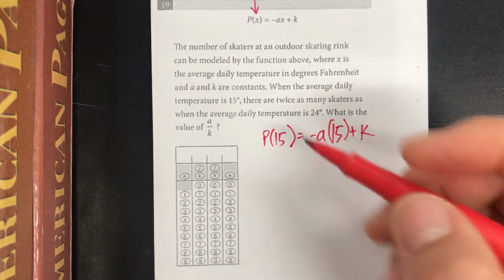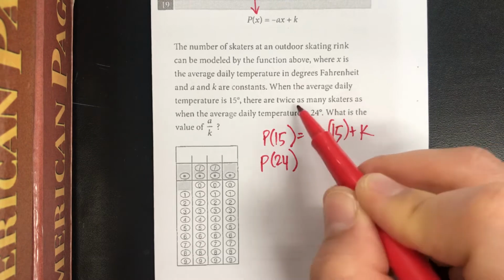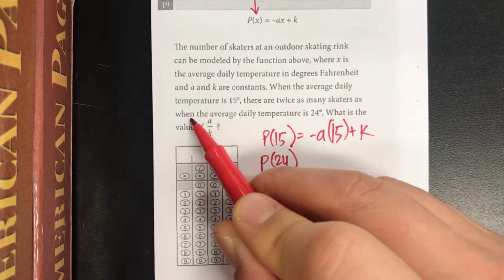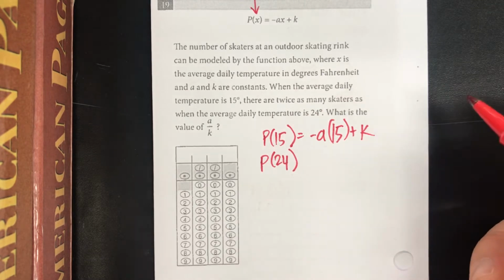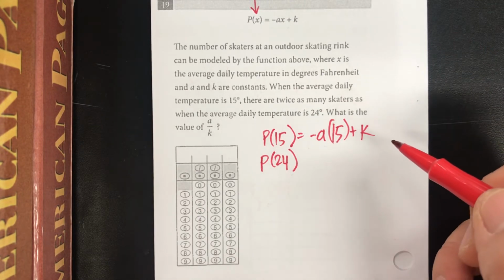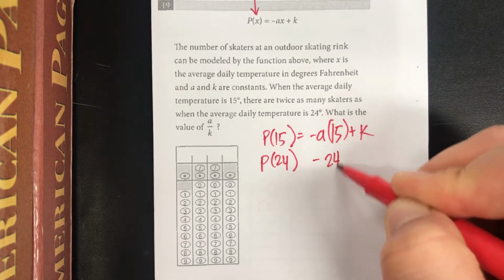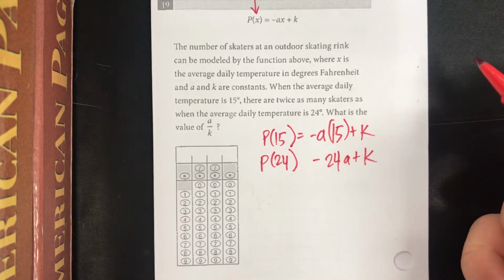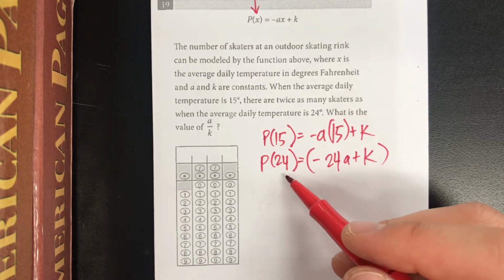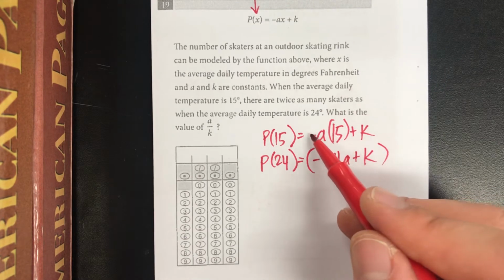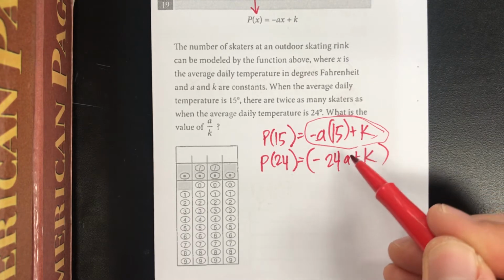right? And it says that when it's 24 degrees, when it's P of 24, there are twice as many skaters than this when it's 24. So what we do is we're going to put in the number 24A plus K. Okay, but we know that when it is this temperature right over here, there's going to be 2 times this.